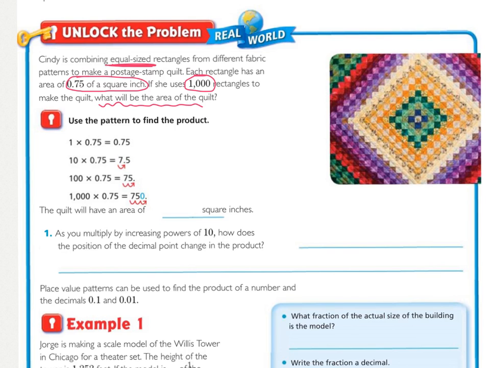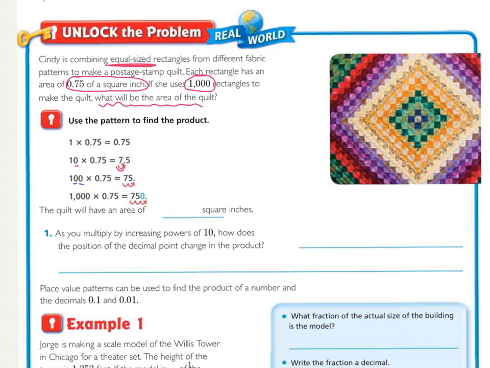There's 1 zero in 10, and then we move the decimal one place to the right. If you had 100 rectangles times 75 hundredths, you would move it 2 times to the right. And look, there's 2 zeros in 100.